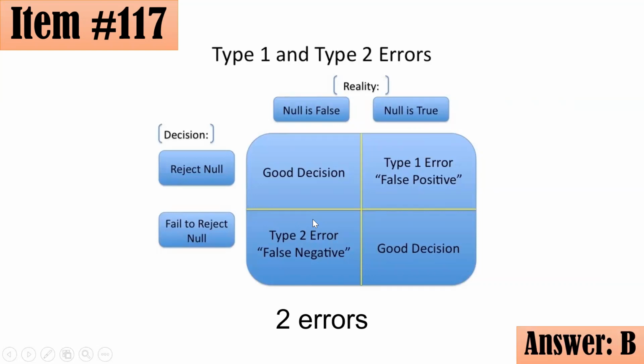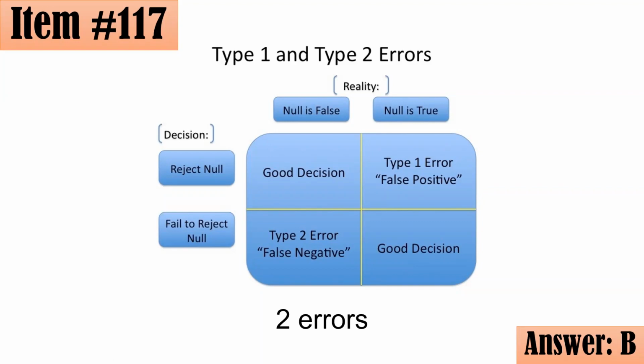That's a type 2 error. So type 1 error is also called false positive, and type 2 error is also called false negative error. Type 1 error is also alpha error. Type 2 error is also your beta error. So just two. Letter B. Either you rejected what you know is right, or you did not reject what you know is wrong. Those are our two errors.